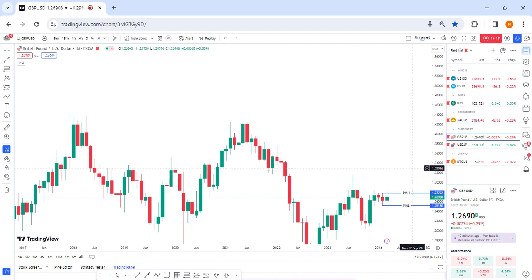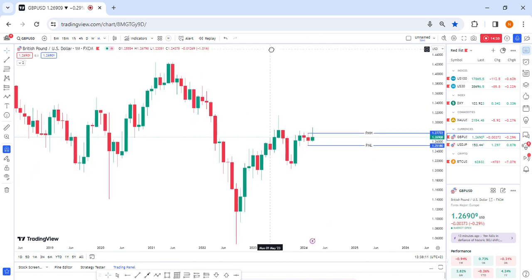So you can see from our previous monthly high and previous monthly low, price this month pushed up above the previous monthly high, and now we've been seeing some bearish price action coming with GBPUSD.